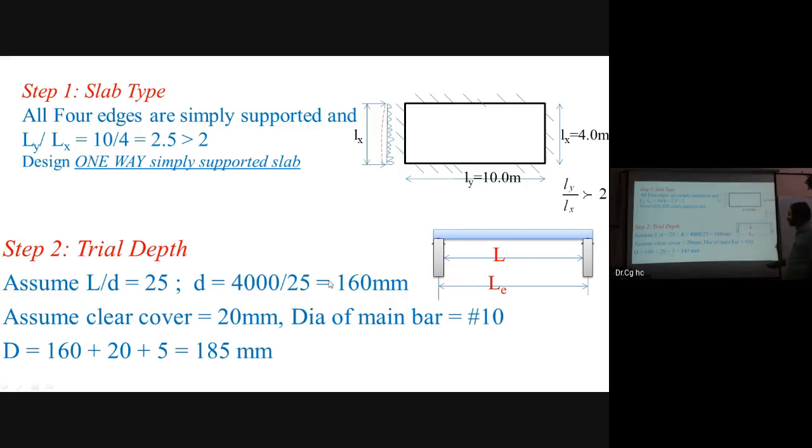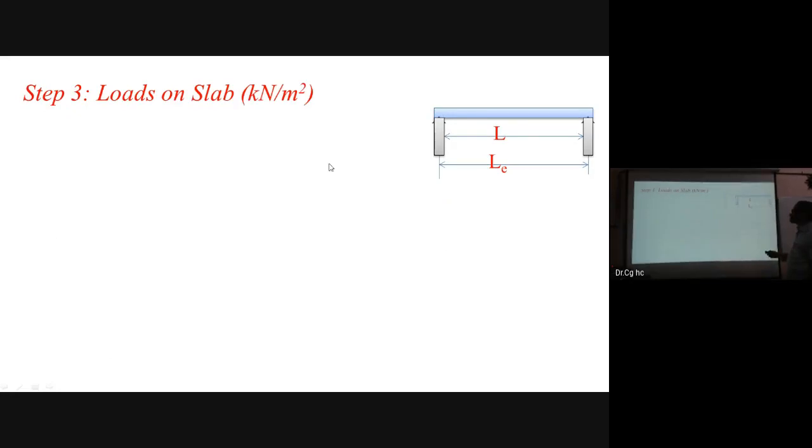Therefore, it is 185. Overall depth, total depth of the slab is 185 millimeter. Now let us calculate the load on the slab in kilonewton per meter square.